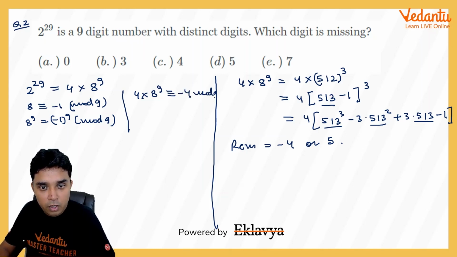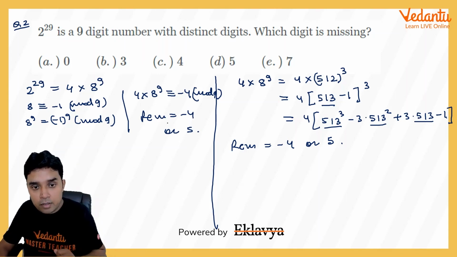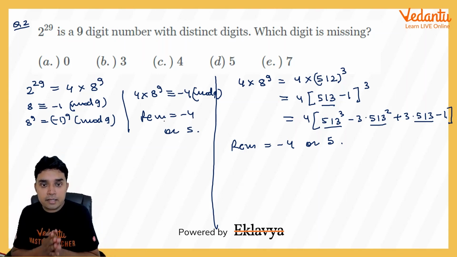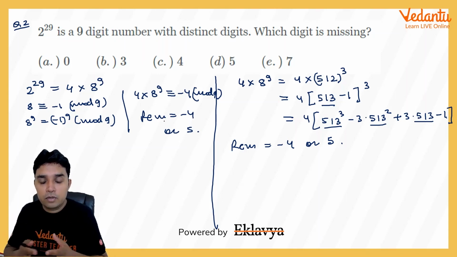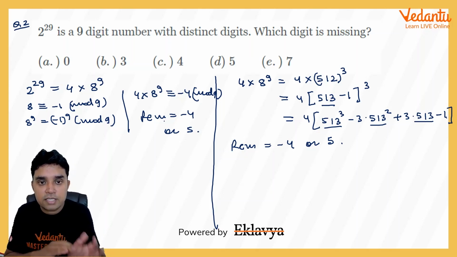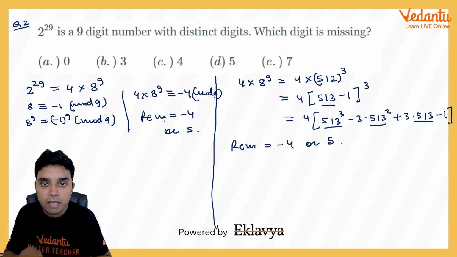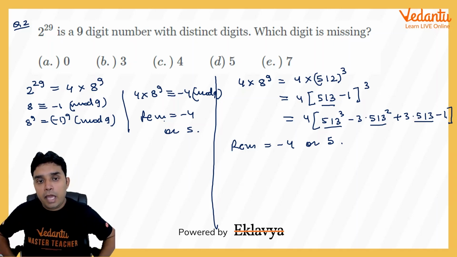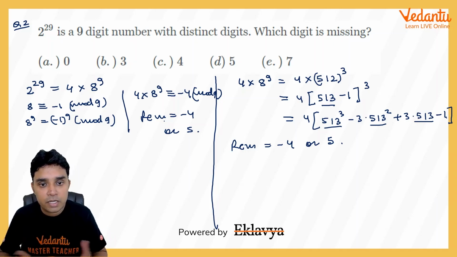So this way also you can check that the remainder will be equal to minus 4 or 5. It's the same thing. When we study in 9th, 10th class, I think we always take the remainder as a positive number, but it can be negative also. You just have to add the number by which you are dividing to get the actual remainder. Whatever you are comfortable with, it is fine.